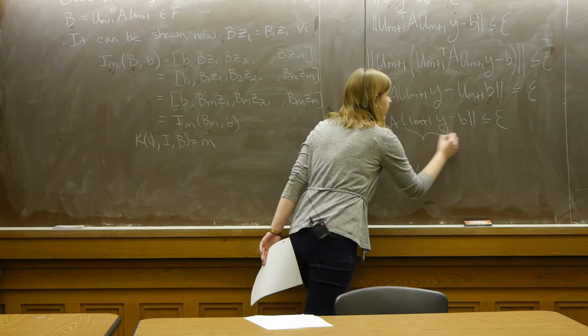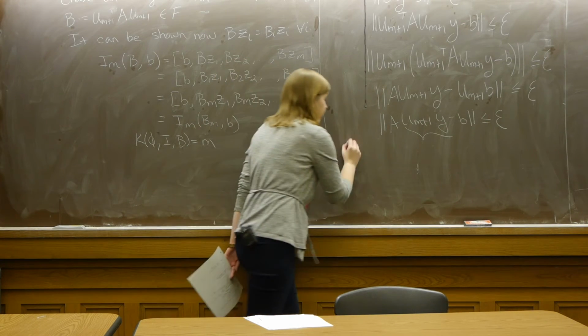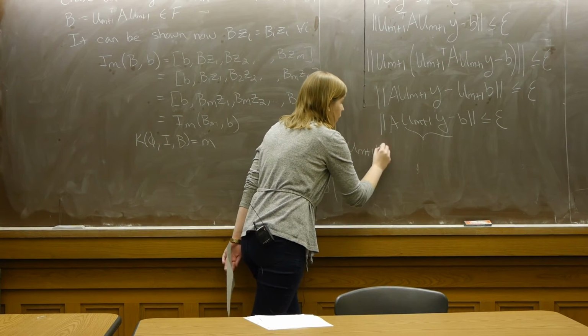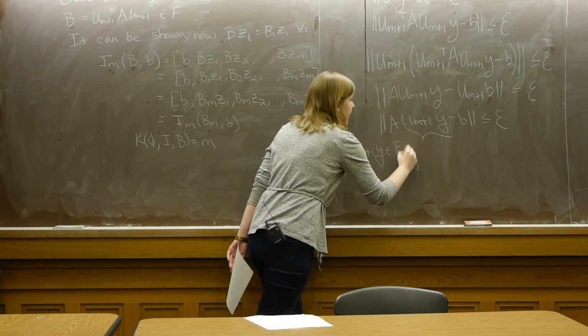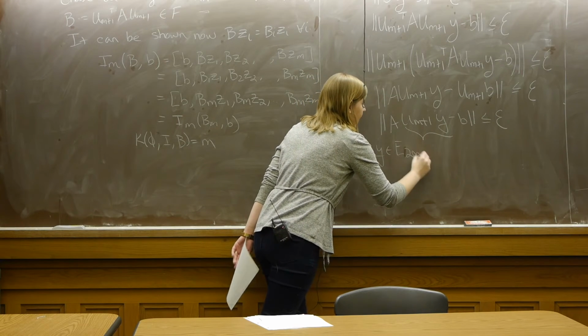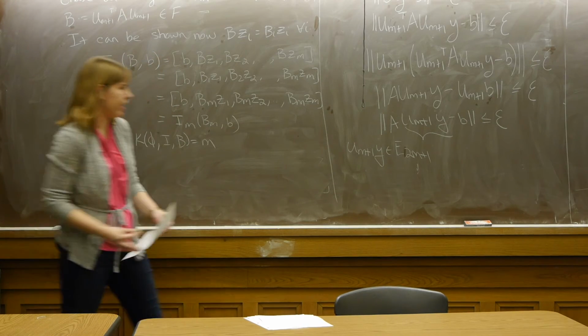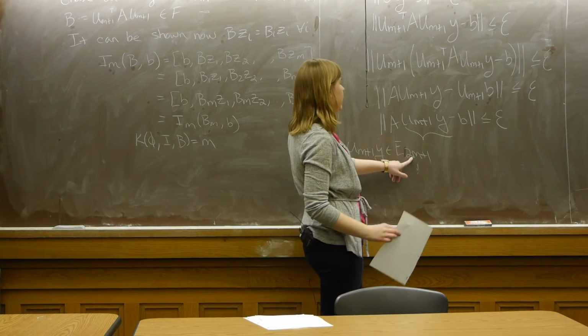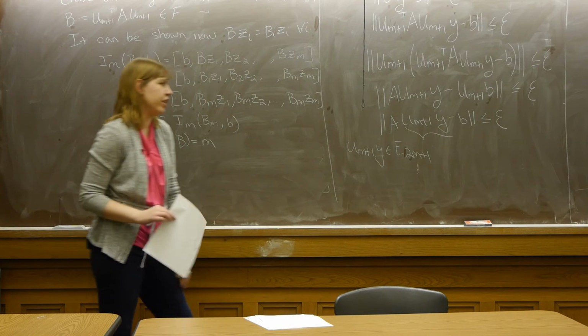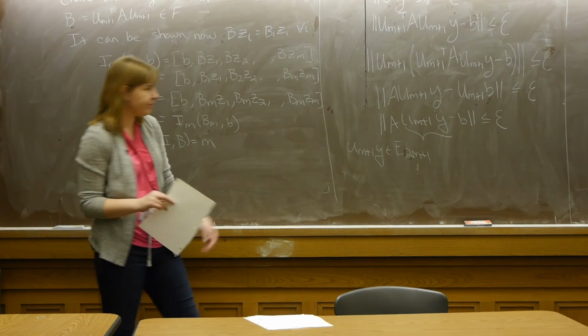And now this vector here, U_{m+1} y, is in E_{2m+1}. E_{2m+1} was the Krylov subspace of dimension 2m plus 1.